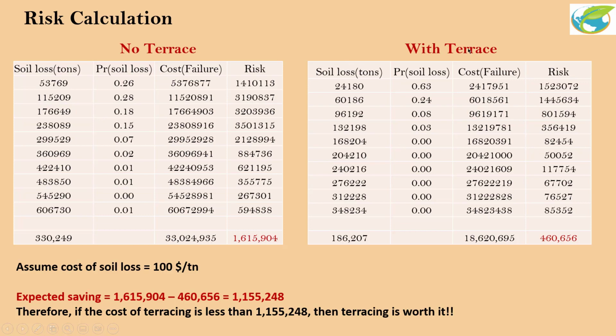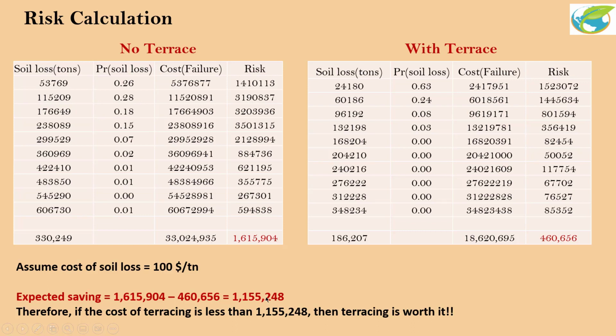And then you do the same calculation with the terracing, and you see that the risk in this case is 460,656. So what this means is that if you do the difference between these two risks, this would be theoretically the benefit, right? It's the expected saving that you would make if you do terracing.